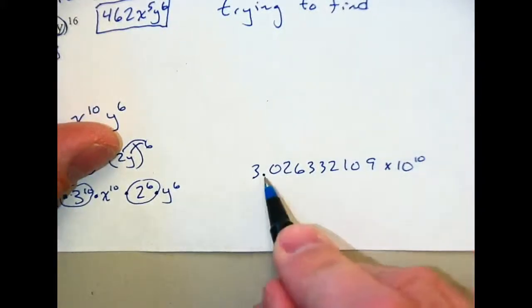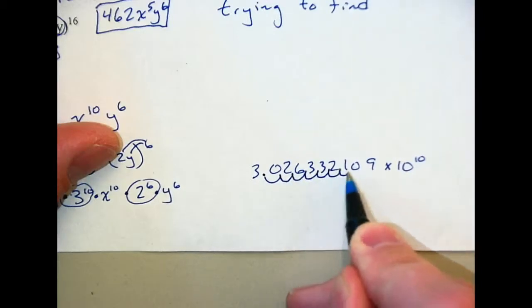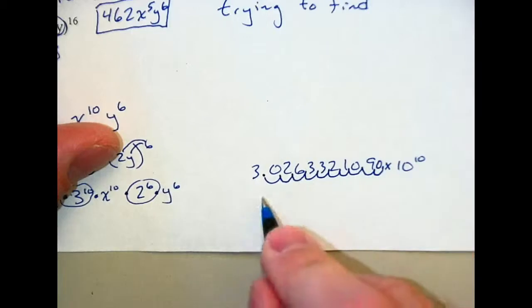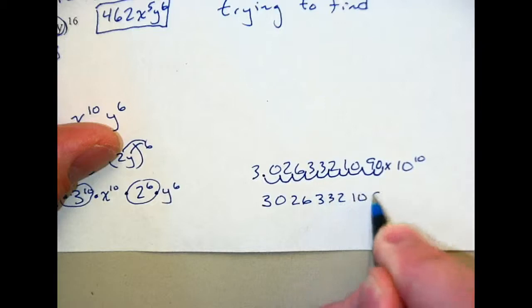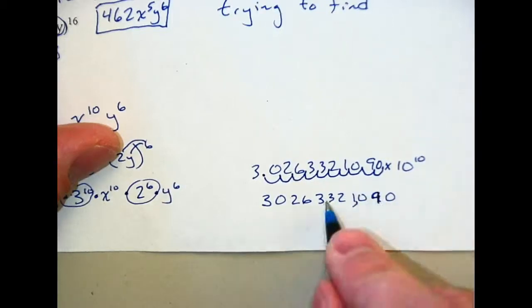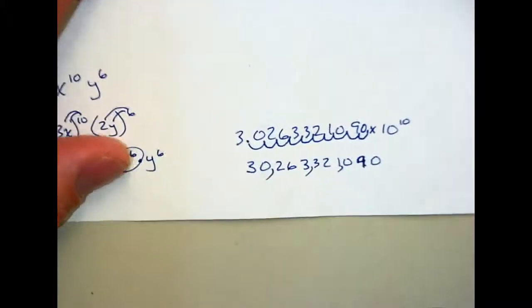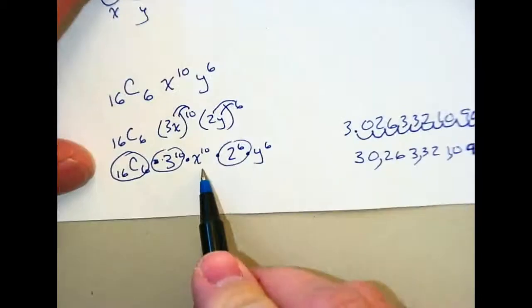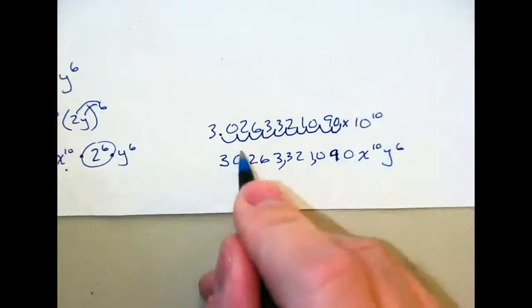And each time you multiply by 10, it moves your decimal one place: 3, 4, 5, 6, 7, 8, 9, and you have to put a 0 at the end, 10. So I actually have 30,263,321,090 x to the 10th, y to the 6th. That is our solution.